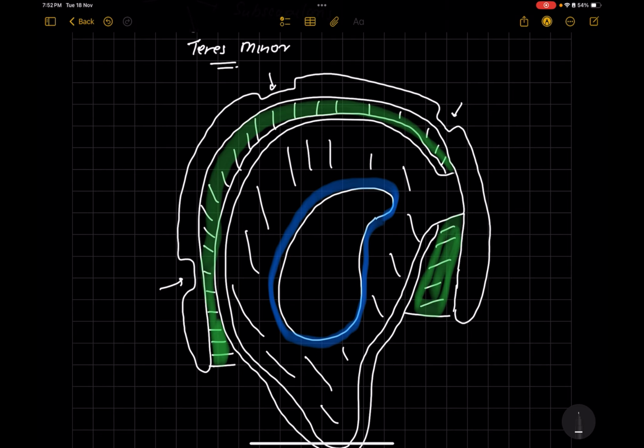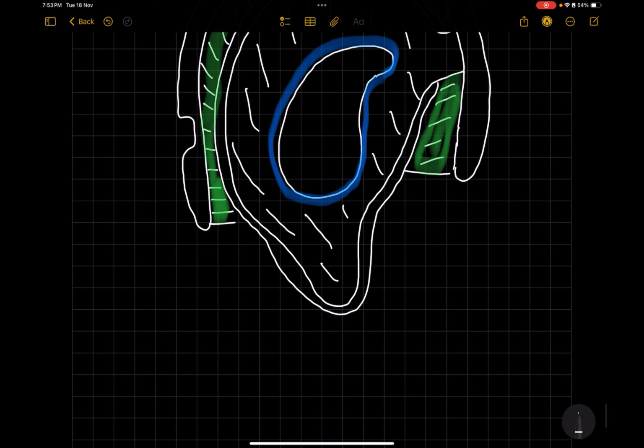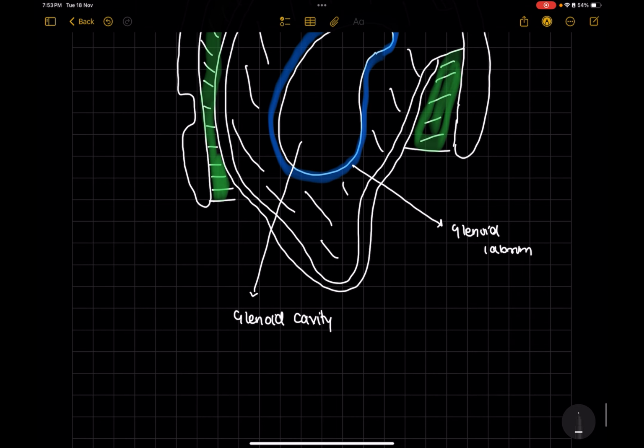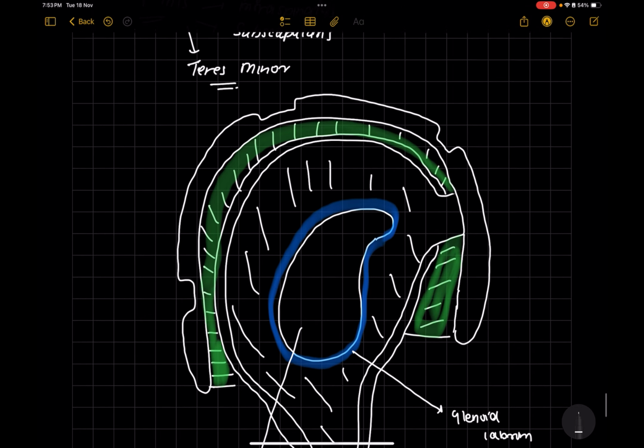Now let's label the diagram, going from inside to outside. This was your glenoid cavity. Attach this blue one to it, it was your glenoid labrum. This was your joint cavity.